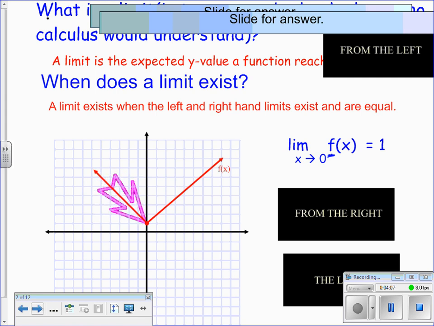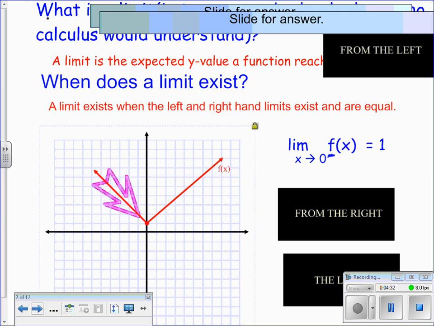That means I'm coming from numbers smaller than 0 towards 0. I'm taking values of x smaller than 0 and plugging them in repeatedly into the function, getting my y-coordinate. As I approach 0 from this side, what does my y-coordinate approach? That's what this arrow is demonstrating here. I'm moving along this line.